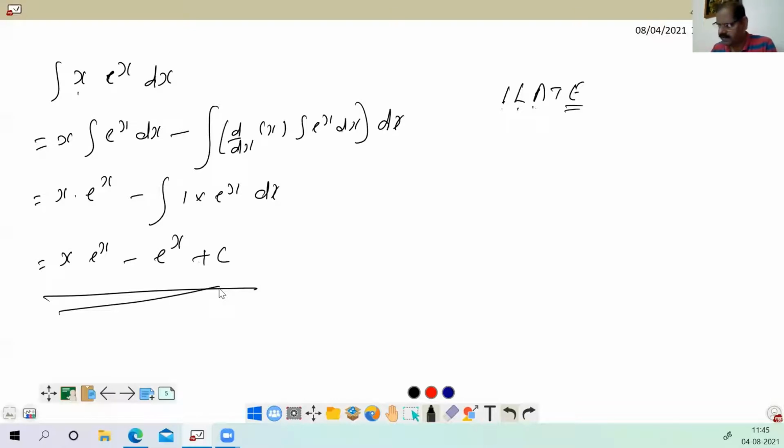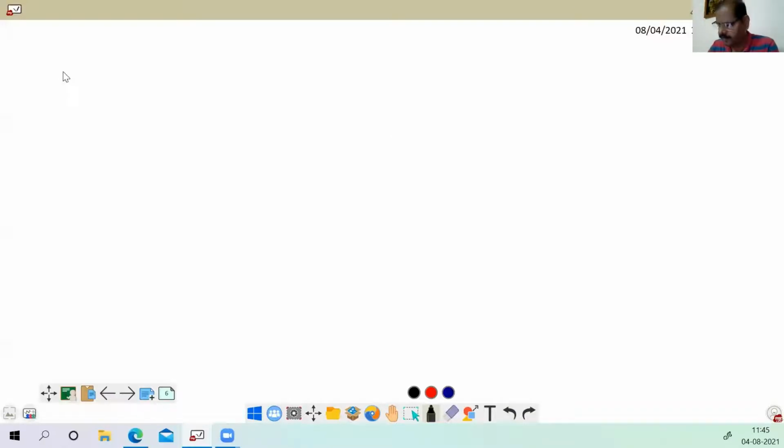Next, if it is x square e raised to x dx, we will find the integral of x square e raised to x dx. Again, x square is the algebraic function which comes before the exponential function. So this is the first function and this is the second function.